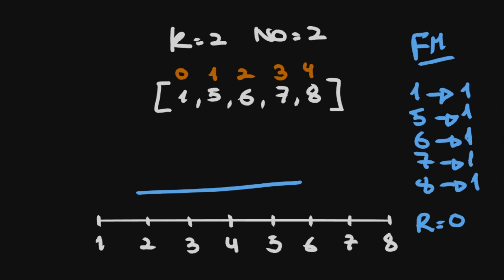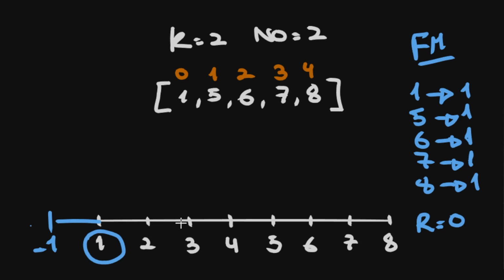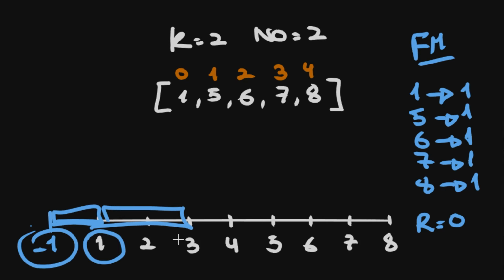We need to iterate this from left to right. We are trying every one of these numbers as a target, so first we are here. From 1 we can reach -1 and 3, okay? So we run a binary search left with -1 and a binary search right with 3. For the first binary search, the result is 0.